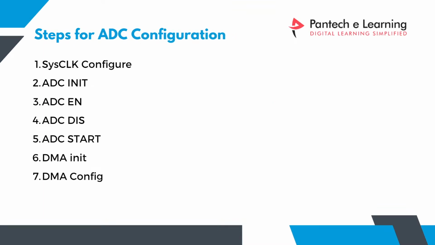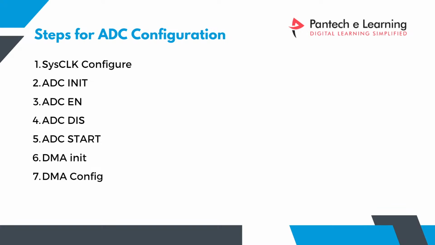Before we look at some registers, what are the things we have to do? What are the functions we are going to create? First, we are going to create the system clock. Then we will create an ADC init function. Then we have to enable the ADC, so we will create an ADC enable function. Then we will create an ADC disable function.